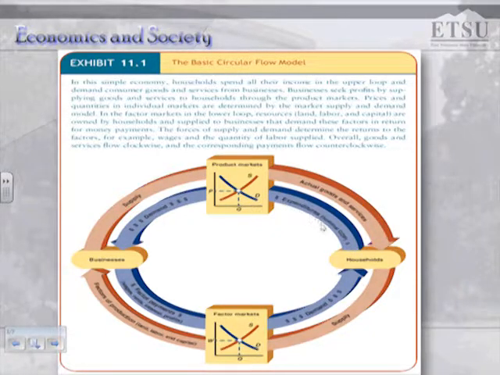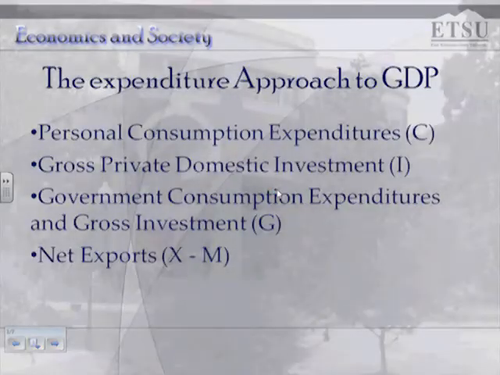So we get from this circular flow the idea that we can calculate GDP, or economic activity, by adding up all the expenditures. Because we have those things like taxes and savings that complicate this, we have to have not only expenditures by households.